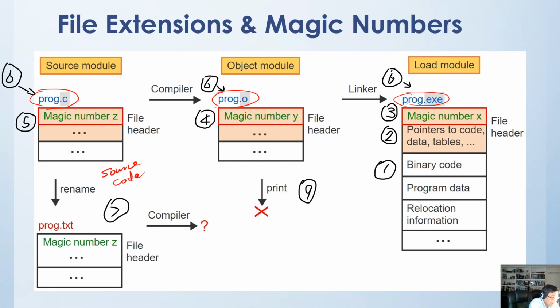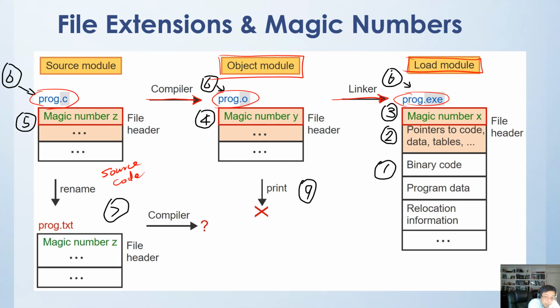After you compile the source code, you create the object code, and it's called the object module. Then using the linker, the object module and the other library functions and data are linked together to create the loader module.